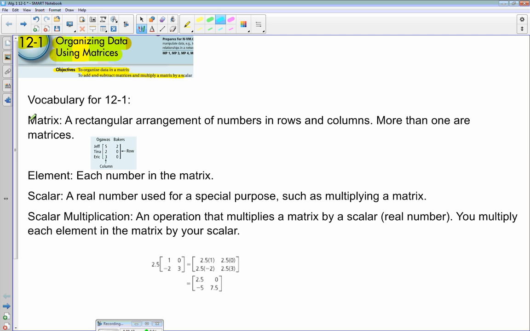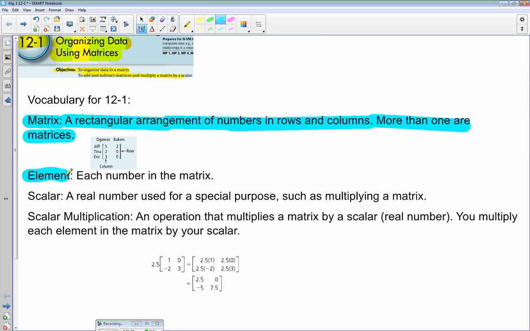So here's our vocabulary for this section. A matrix is a rectangular arrangement of numbers in rows and columns. More than one matrix is matrices. So, for example, we have the Agawas and the Bakers, and then we've arranged these in columns, which are the up and down guys, like support columns, and in rows, which are across.